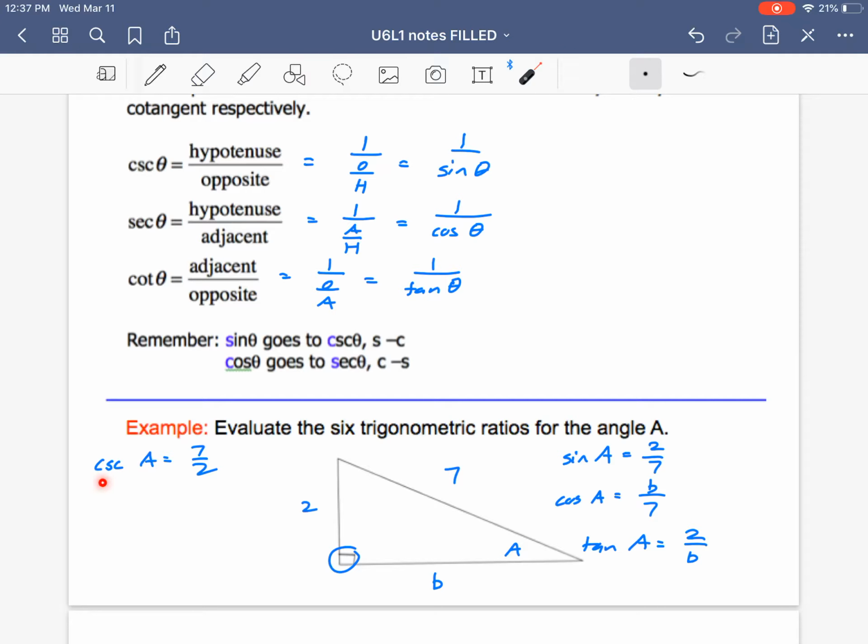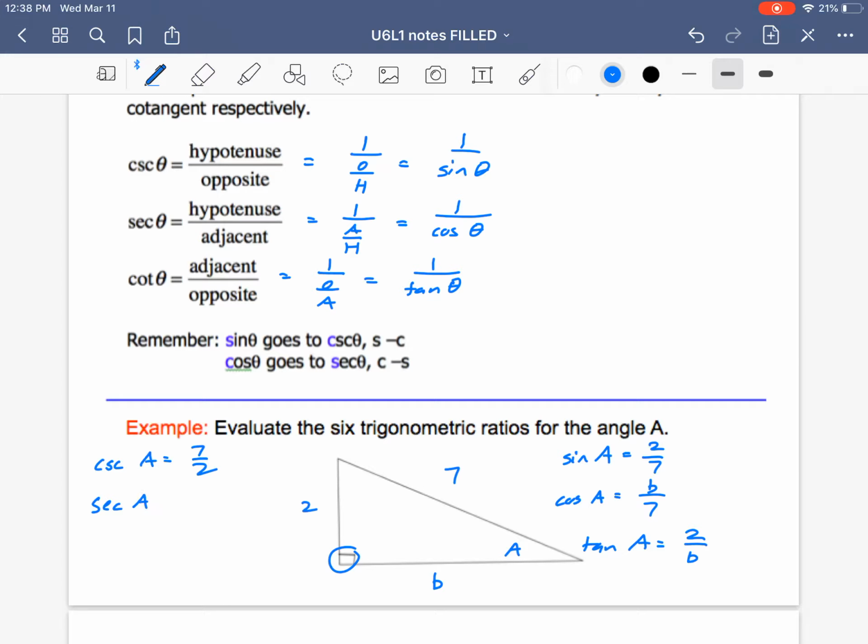Another way to think about it, cosecant of A is the hypotenuse over the opposite. Here's A, there's my hypotenuse, there's my opposite. But what we want you thinking is this is cosecant, this is sine. These are reciprocally related, right? They're multiplicative inverses of each other.